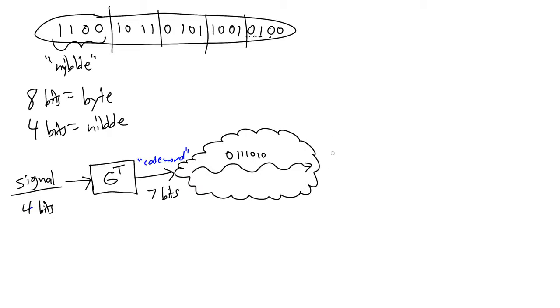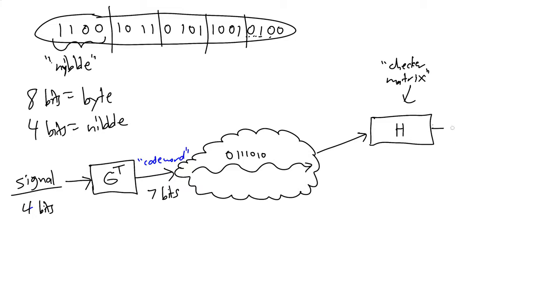Now, the person on the other end is going to do 2 things with the 7 bits they receive. The first thing they're going to do is run it through an H function. I'm not totally sure why they call it H or G for that matter, but they do. And this is what's known as the checker matrix. Checker meaning something that checks, not like the game.